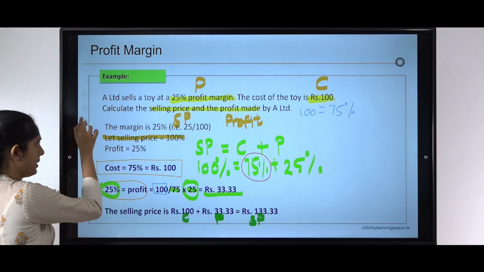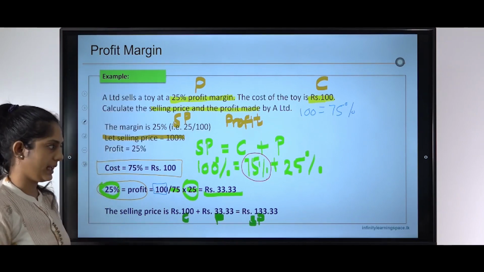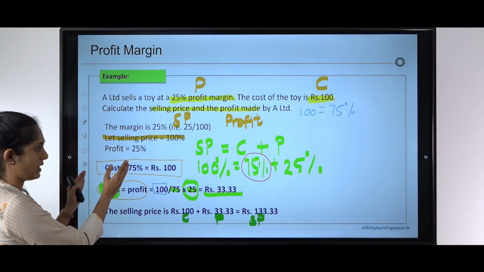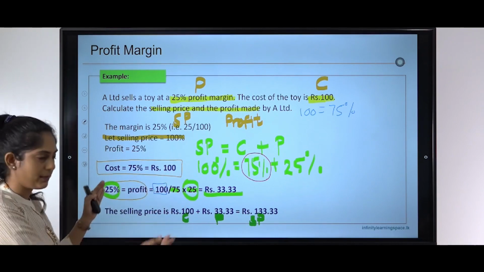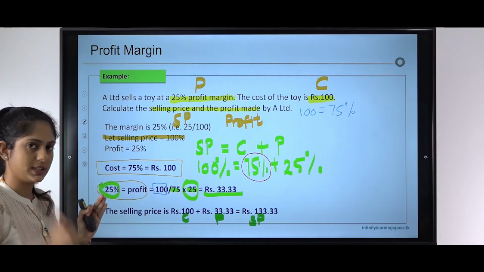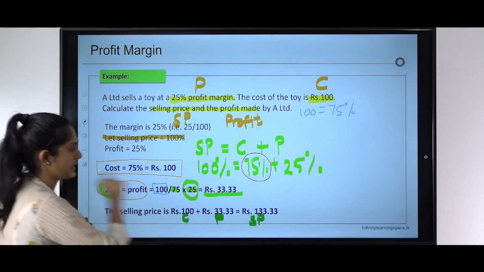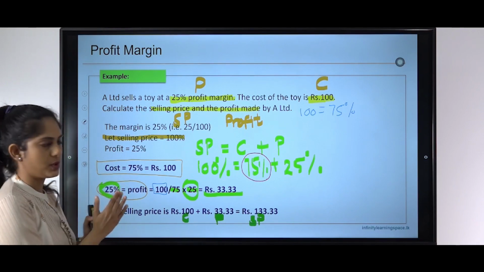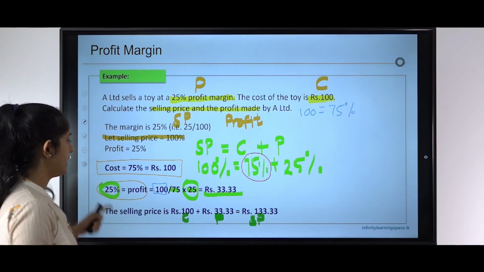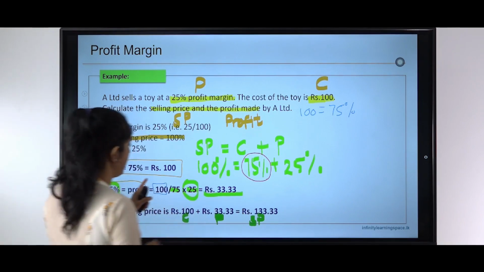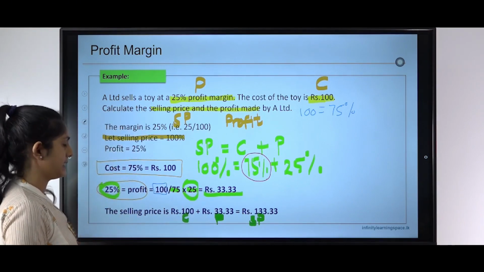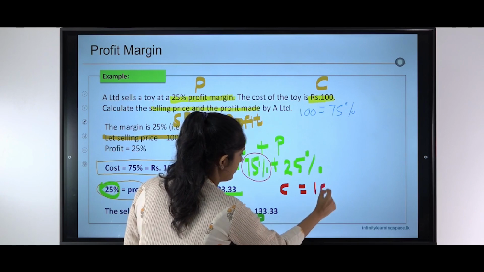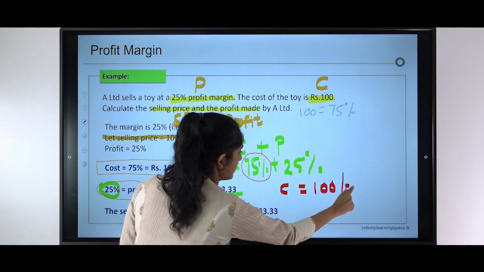133.3. Instead of finding profit here, we could have done another way. So here what I did is I calculated the cost as equal to 75%, equated and found out how much is 25%. So if 25% is 33.33, cost is 100, they have already given, I added to get the selling price. Or in this step itself, I could have found the selling price as if cost equals 100 rupees, right?